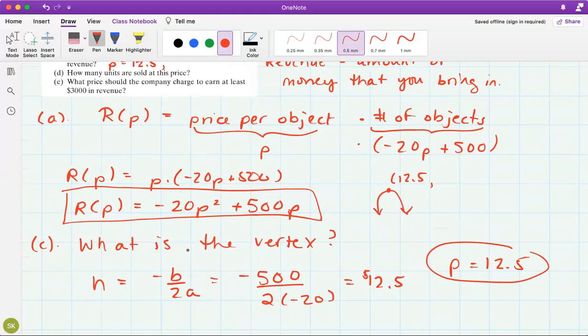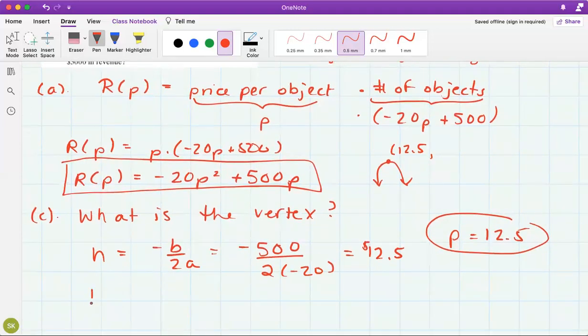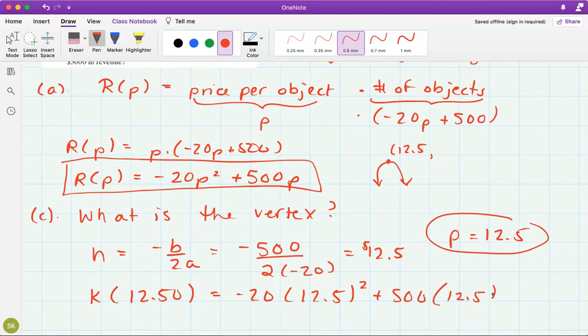To find the maximum revenue, that's the k value of your vertex. And all you have to do is just plug 12.5 into your equation. So that's -20 times 12.5 squared plus 500 times 12.5.